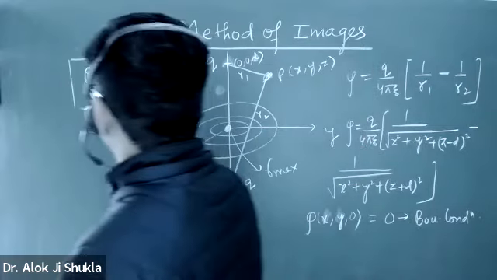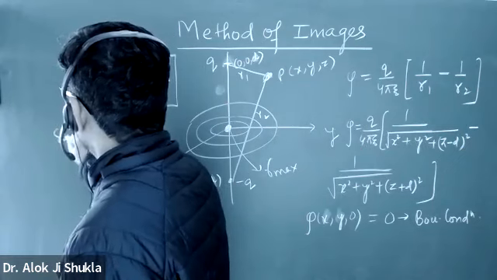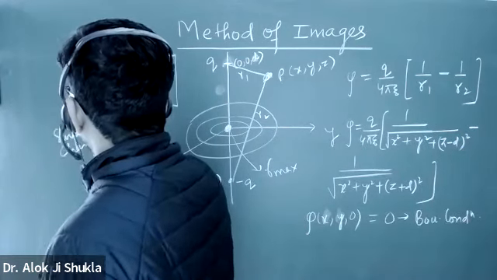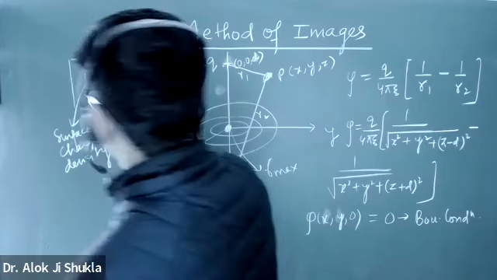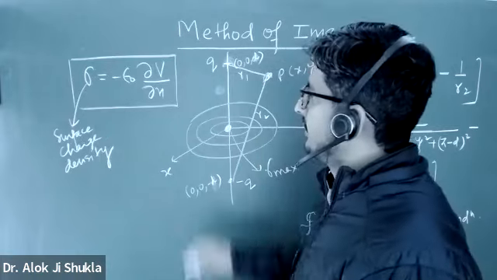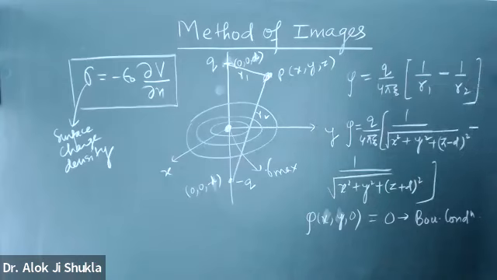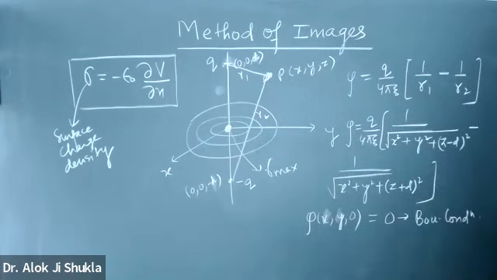So this is surface charge density, and epsilon naught is the permittivity of free space, V is potential, N is the direction in which the potential is changing. So like here you have the xy plane, so it will be del V by del Z, okay?